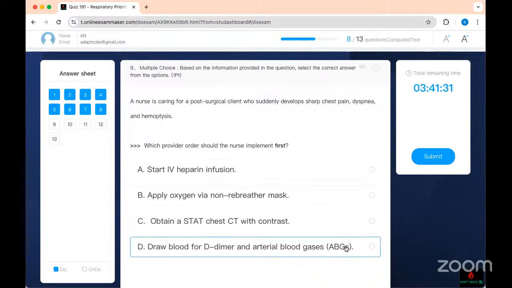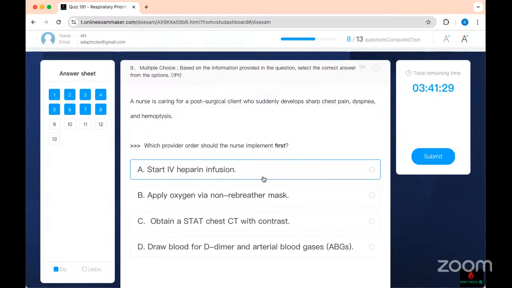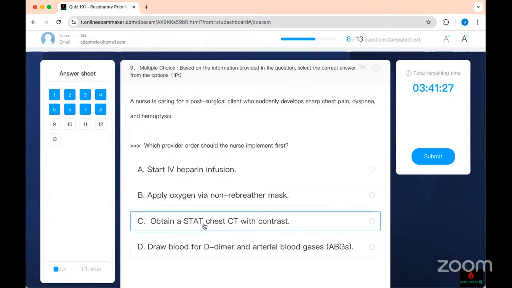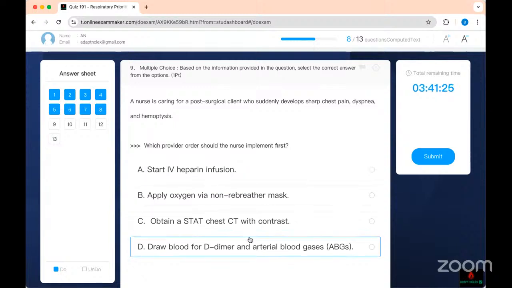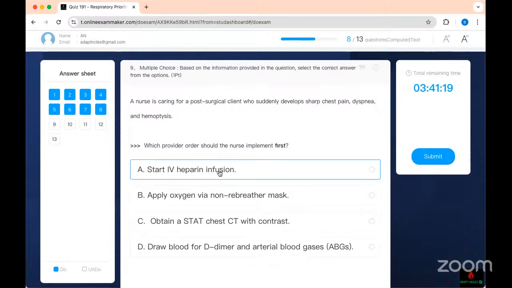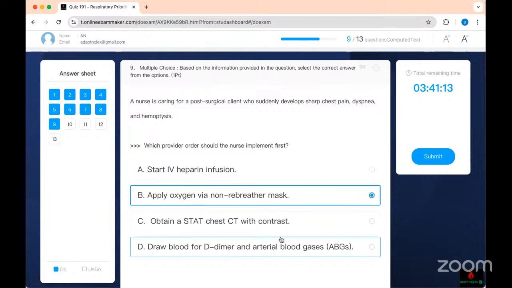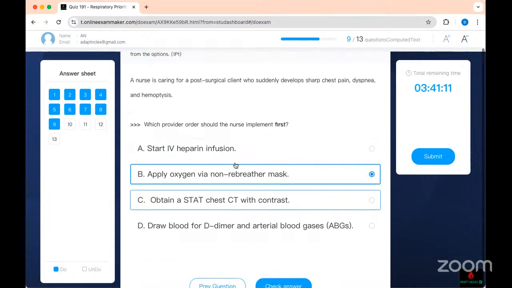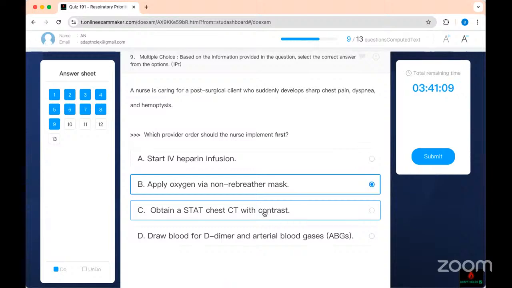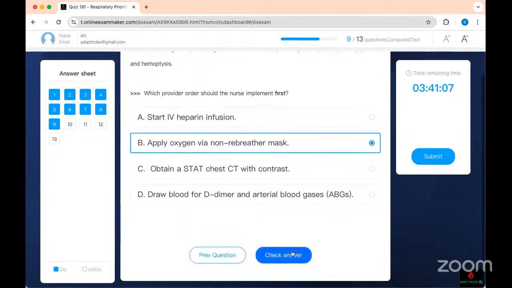Give them oxygen. Heparin is not going to solve it. Later on, we give him heparin. CT scan is just looking for more studies. ABG is still looking for more studies. Heparin is going to treat the problem, but it takes a while. Give them oxygen. These are respiratory prioritization questions. They're a little bit difficult, so be careful.